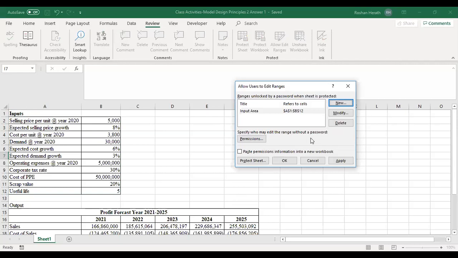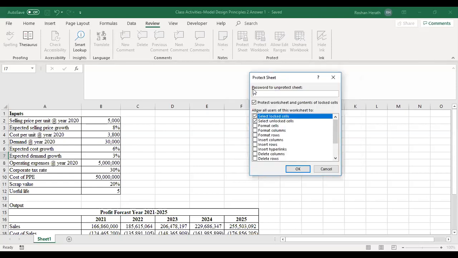Now I'm going to allow the user to operate in the input area while the rest of the areas get protected. For that, you have to click on protect sheet. Once you come back to this window, you click on protect sheet, and there you have to enter a password.